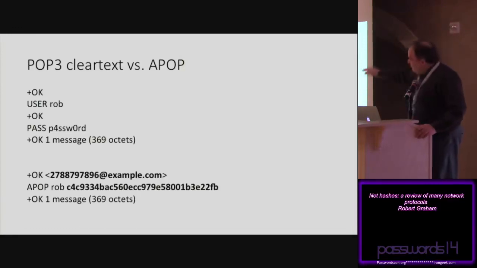The timestamp is always increasing so that you can't replicate the same hash over and over. When I log on now, I log on with my username again, apoprob, but then I MD5 hash that challenge string plus my password, and then it allows me to log on. So that's how POP3 solved that problem.